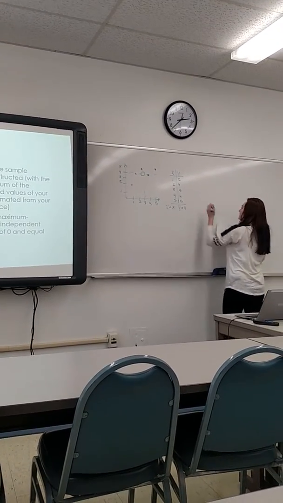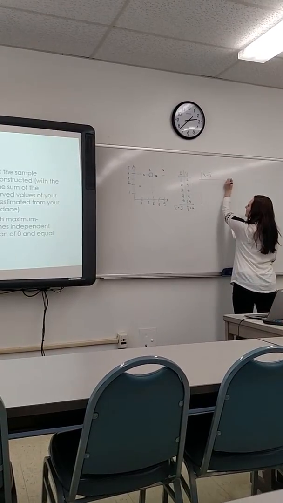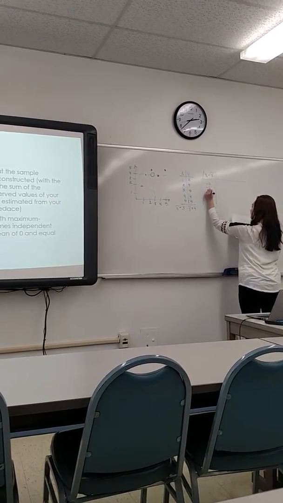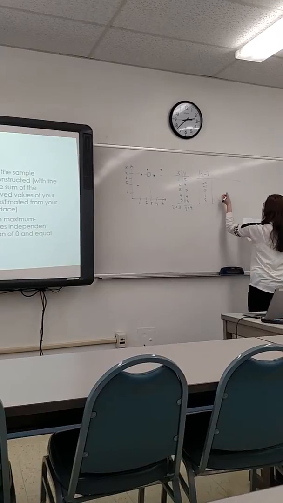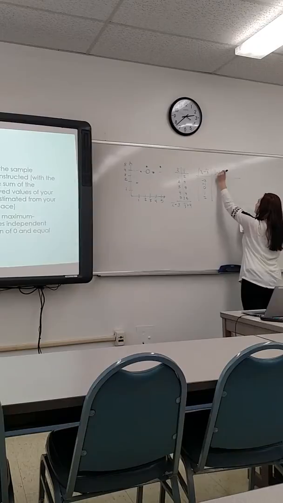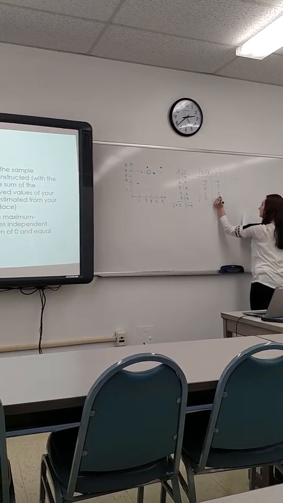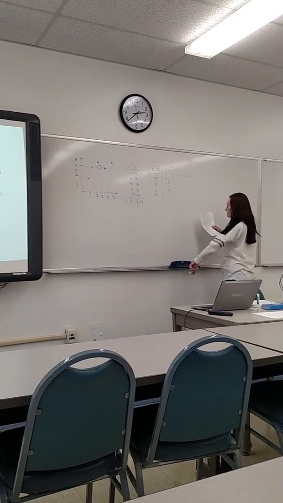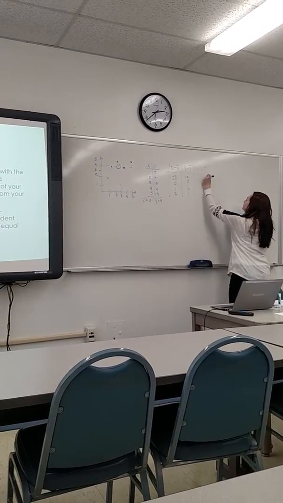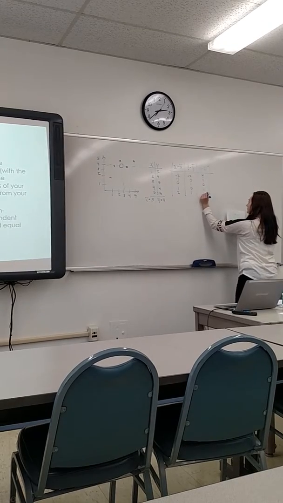And then we can go on to find x minus x bar, which is -2, -1, 0, 1, 2. And then you use those and you find x minus x bar squared.